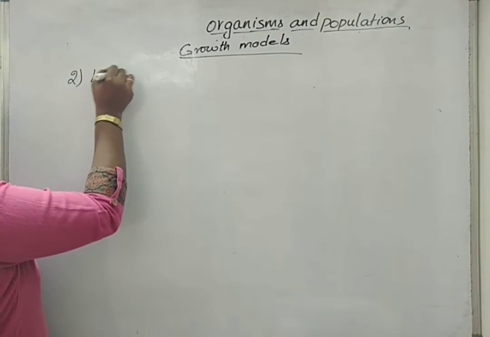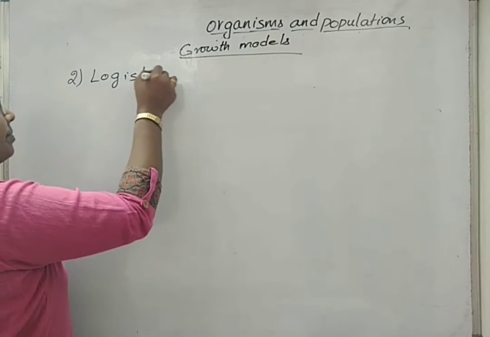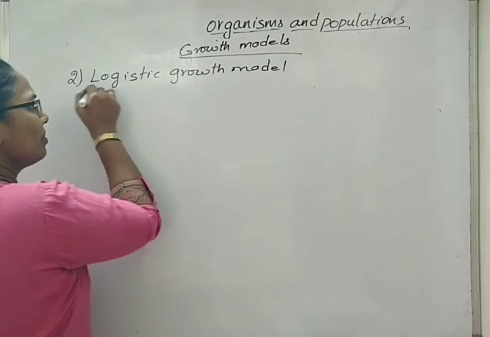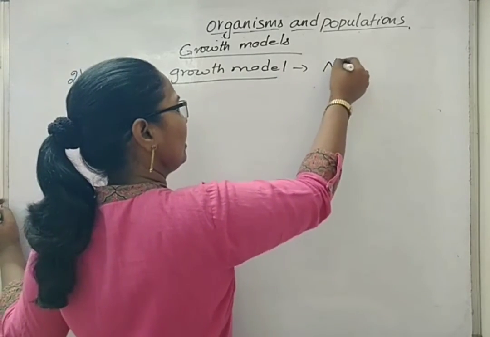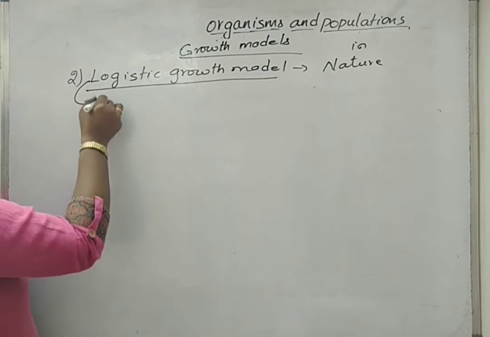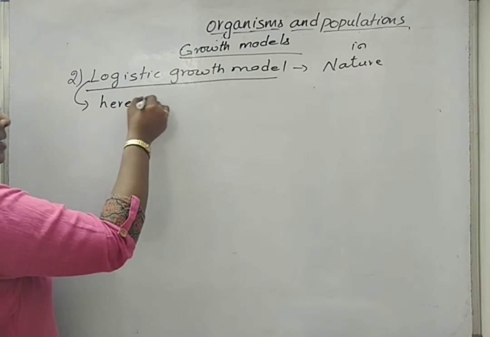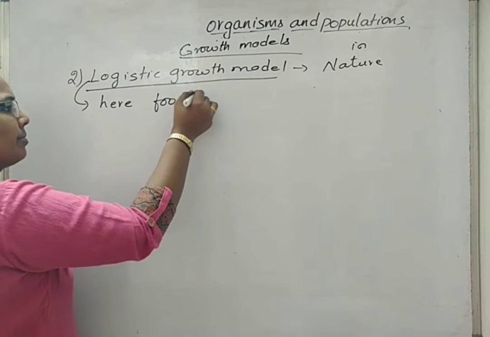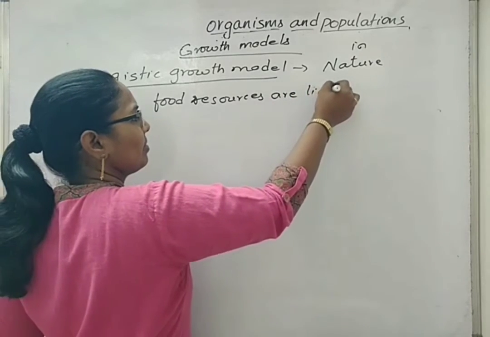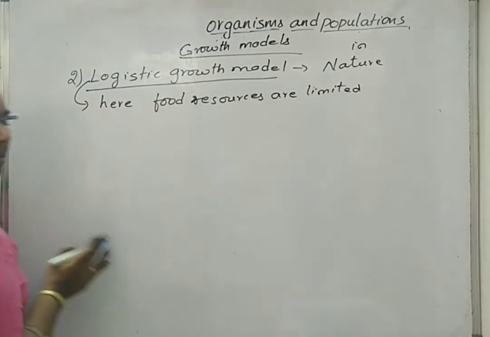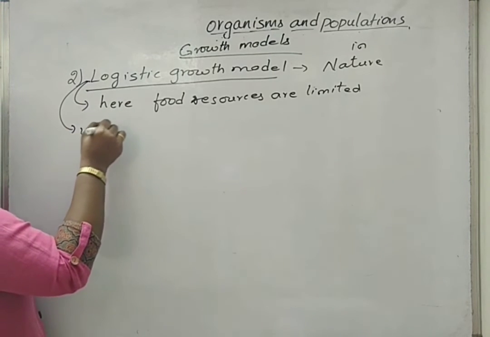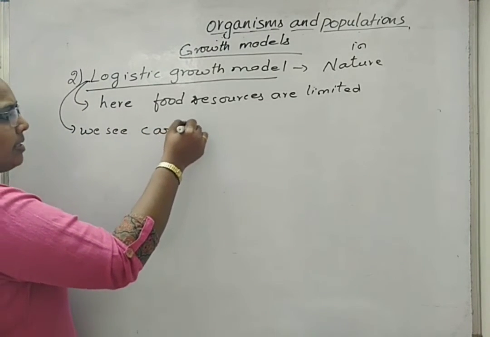The second one is the logistic growth model. This is seen in nature. Here, the food resources are limited. Next, here we see carrying capacity.